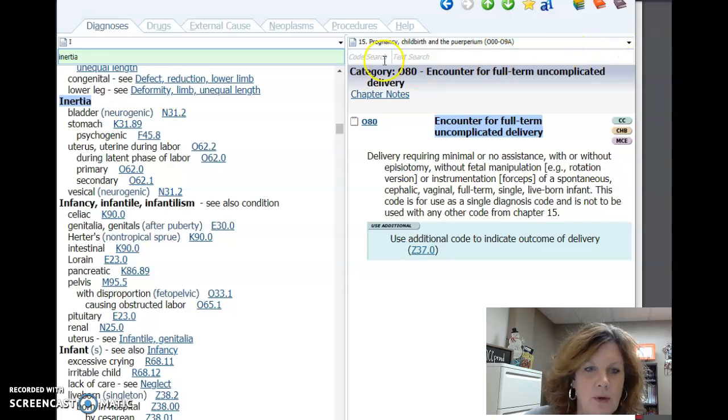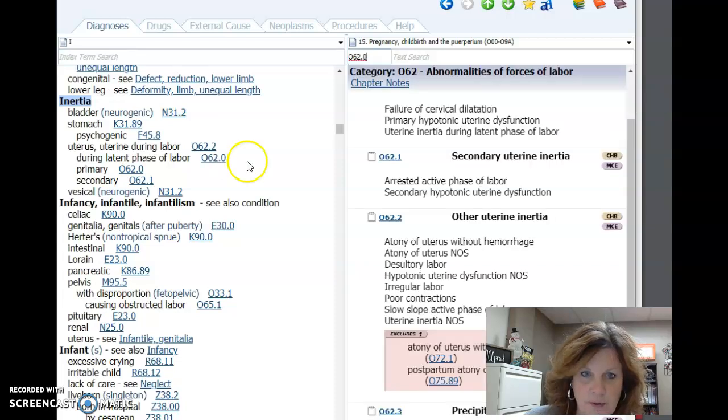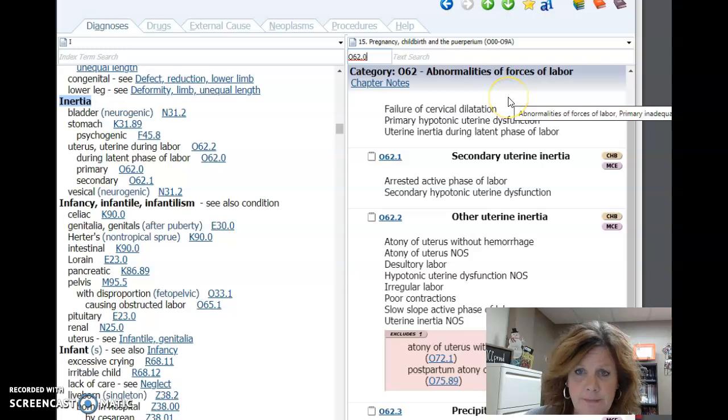I went with inertia, uterine, okay, so we have uterus, and during phase of labor. We know we're 39 weeks, so we're going to go with O62.0. That's going to be my principal diagnosis.